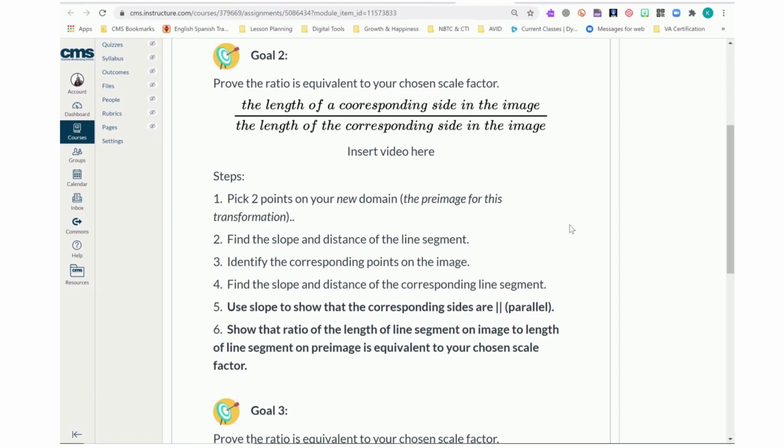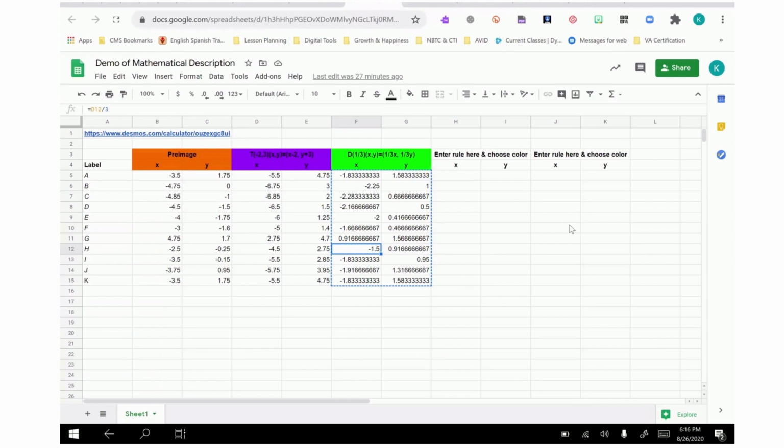Unlike translation, where it's doing pre-image to image, we're actually doing pre-image to pre-image and then image to image. We'll explain that in just a moment. All right, so here we go. I'm just going to stick with E and F, so these 2 points are the points that I'm going to deal with.